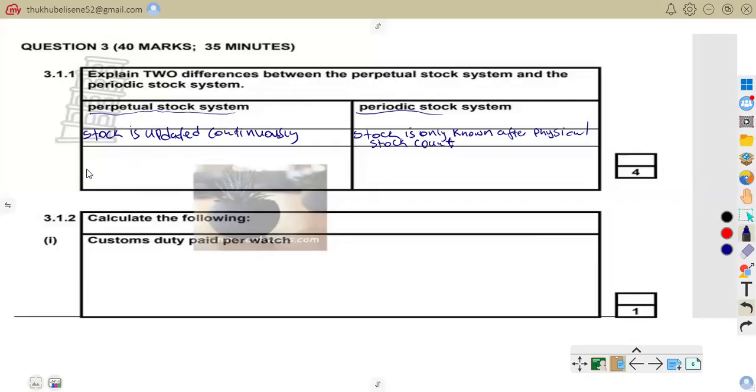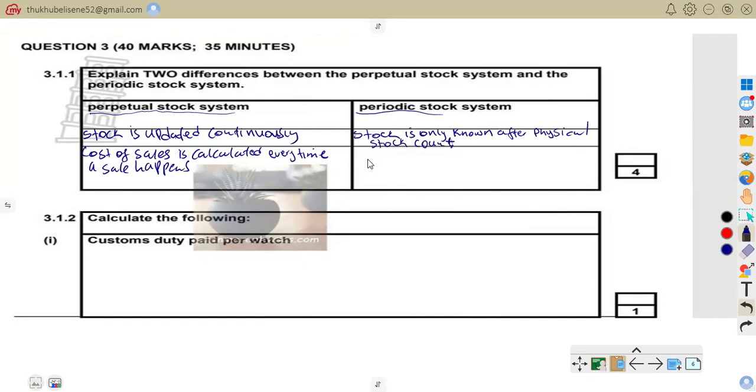Under perpetual stock, cost of sales is calculated every time a sale happens, so the cost is recorded immediately.